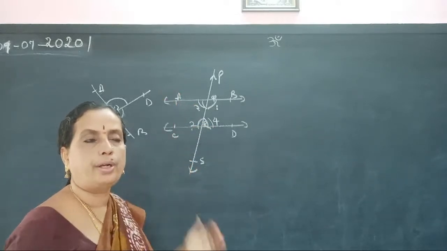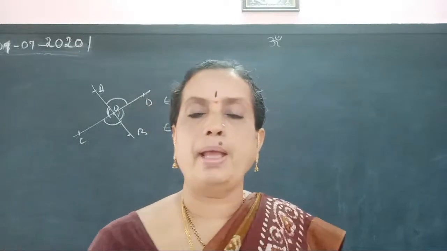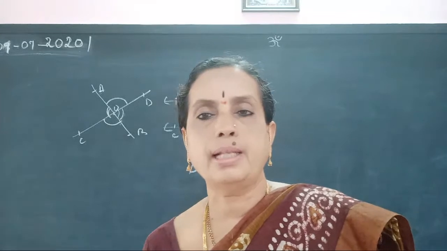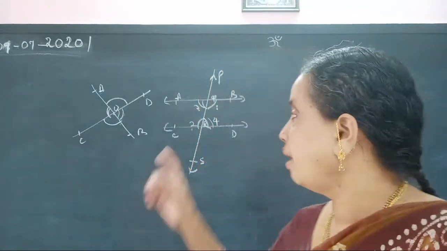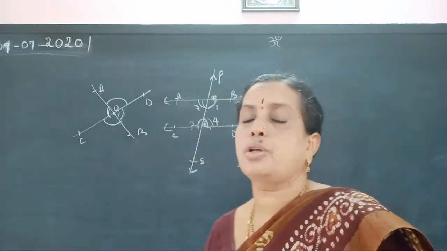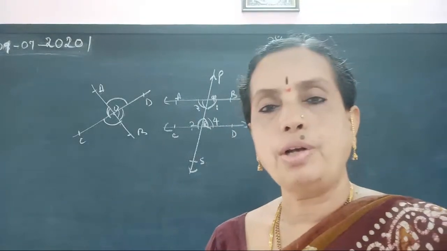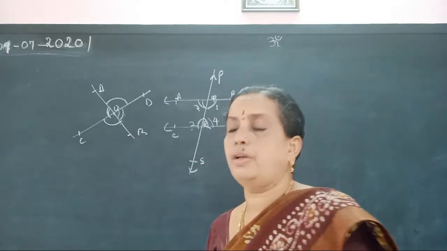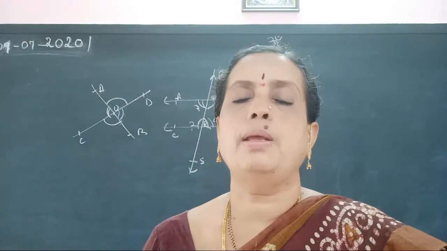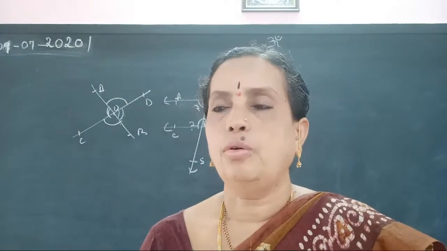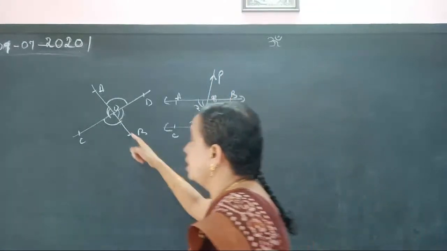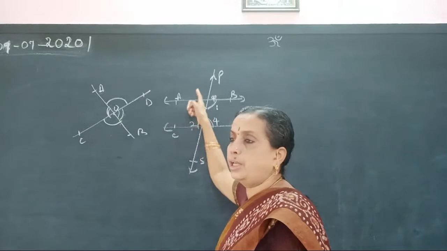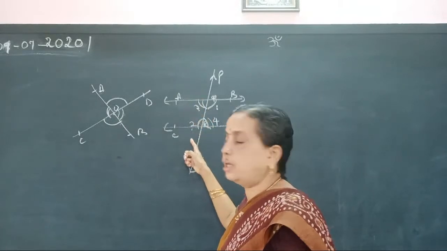Theorem 6.2 represents, if a pair of parallel lines are intersected by a transversal, then their alternate interior angles are equal. Conversely, if their alternate interior angles are equal, the lines must be parallel. Okay, now next, this is theorem 6.1. 6.2, 6.3, we can go with this figure.